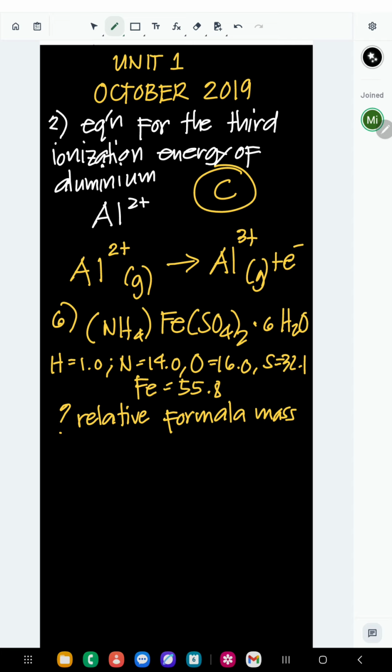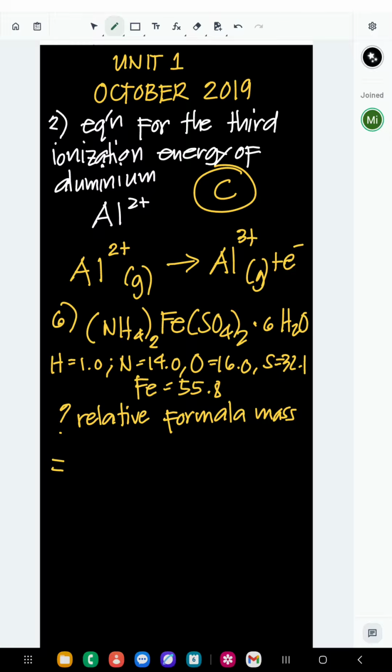Now to solve for the relative formula mass, we just have to multiply the number of atoms and the molar masses of each of the elements. Sorry, I forgot. It should be NH4 2 FeSO4 2 and 6 molecules of water.